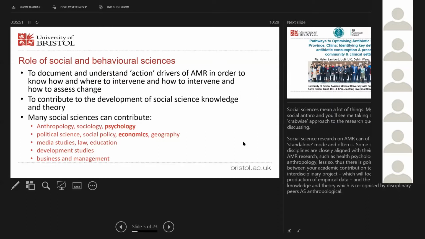But there are many social sciences that can contribute to the study of AMR. I've put a list there below, which is drawn from the Economic and Social Research Council's list of disciplines that they fund. And I've highlighted psychology and economics in bold, because to date, those have been the most visible and the most extensively contributing disciplines in the field of AMR. Some social science disciplines are closely aligned with their application to AMR research, such as behavioural psychology.